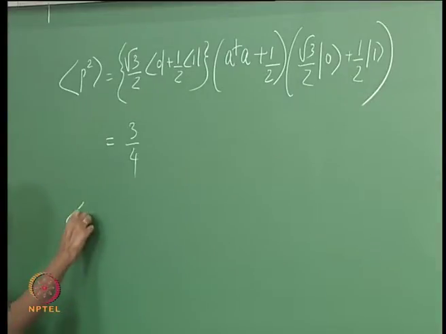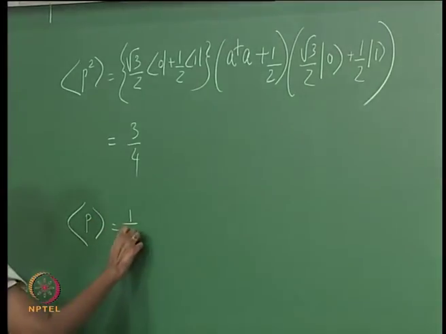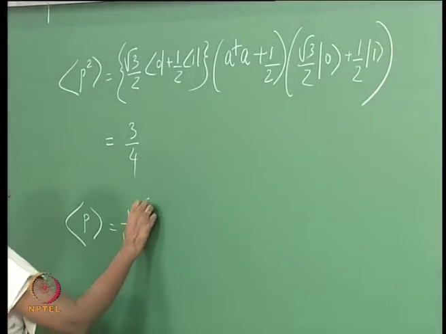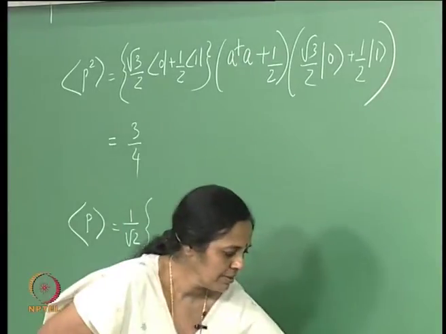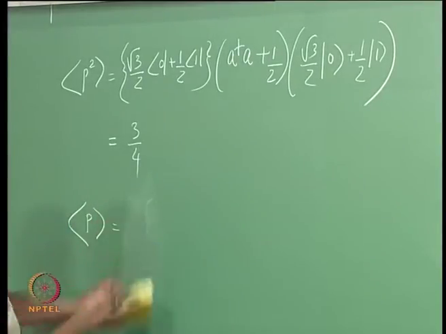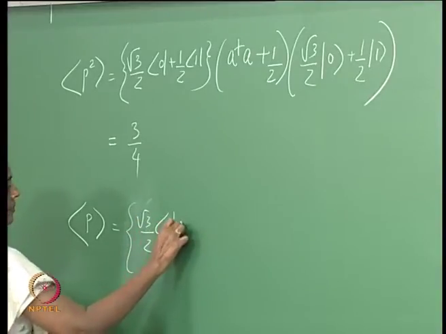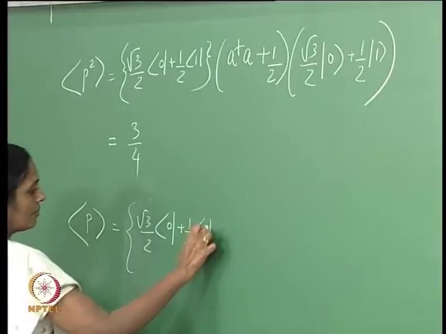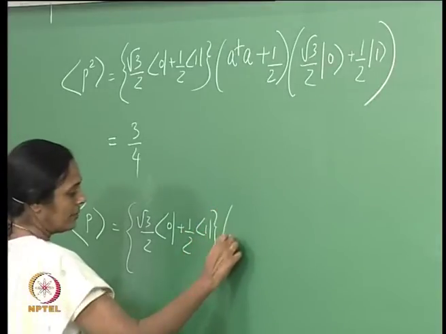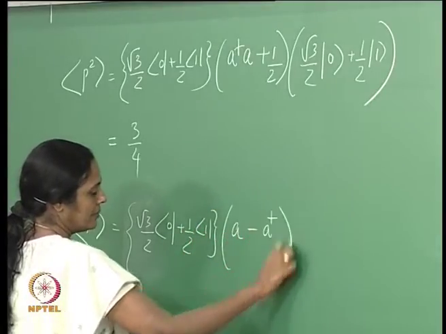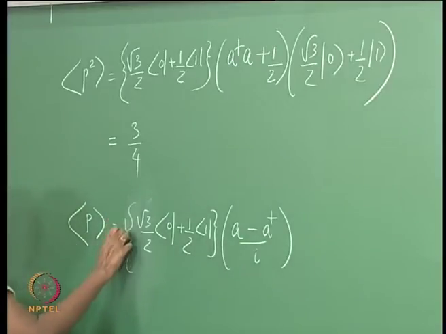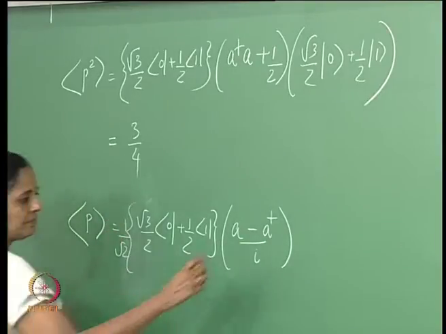But now look at expectation P in this state. So, the state itself, once more I sandwich the operator in this manner. I have a 1 by root 2 as an overall factor.